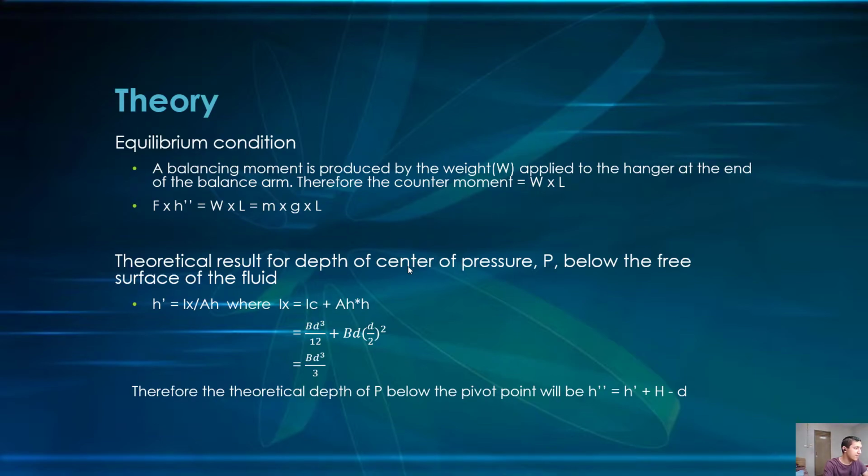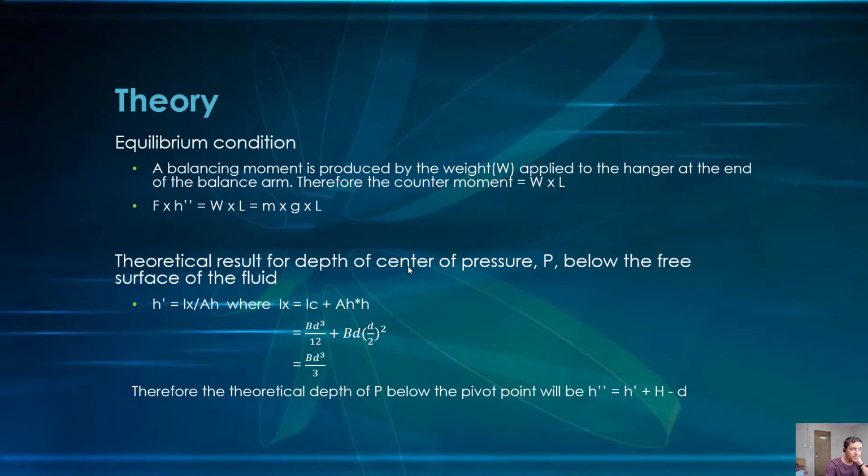Here, F multiplied by H double prime is equal to W multiplied by L. W is the weight applied to the hanger, and L is the length of the arm from the weight to the pivot, the center of balance also.